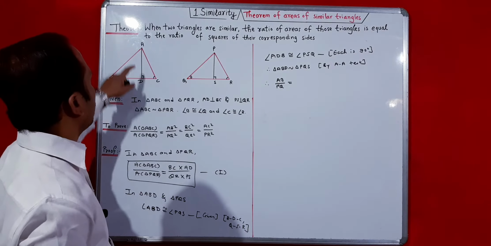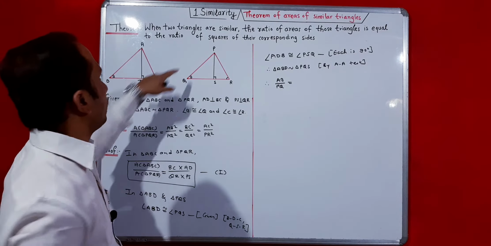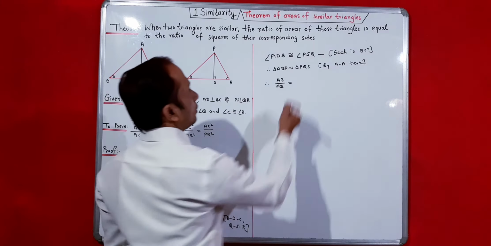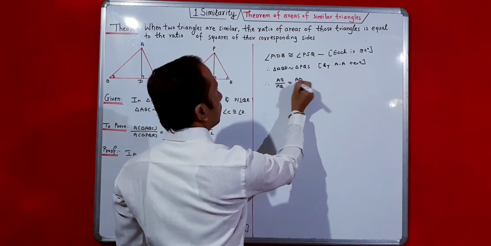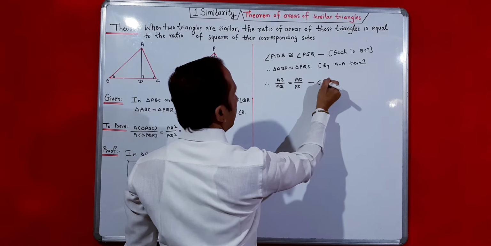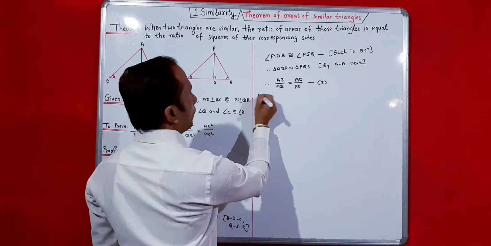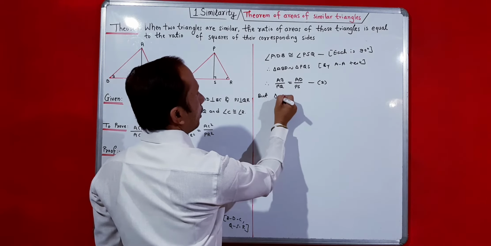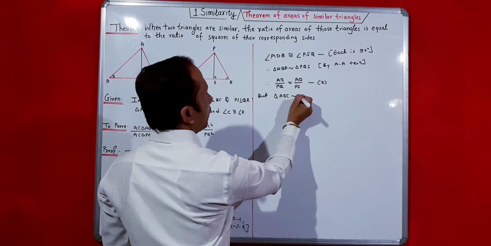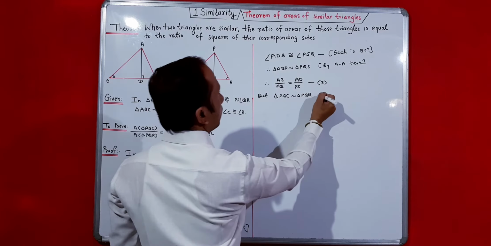AB upon PQ is equal to AD upon PS. Suppose this is second. But we know that triangle ABC is similar to triangle PQR, it is given.